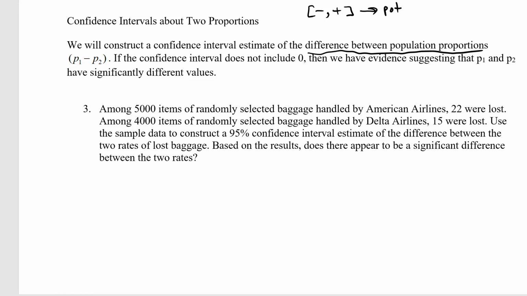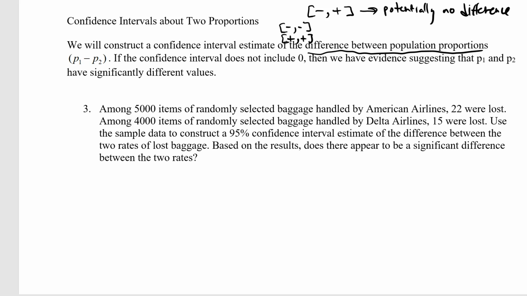There is potentially no difference. If the interval goes from negative to negative, there is a difference. Or if it goes from positive to positive, there is a difference. Okay?